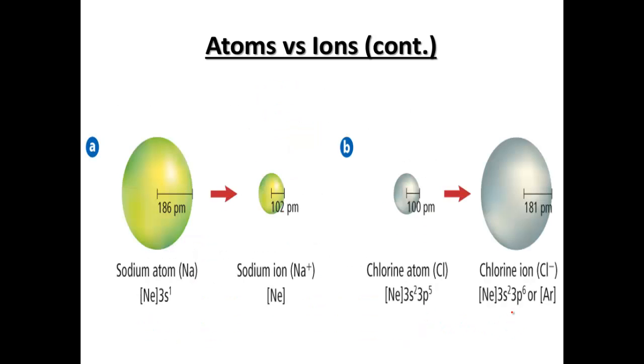If we look at sodium, its electron shortcut is neon 3s1, and it wants to lose this electron, so it's going to get smaller in size. Chlorine, neon 3s2 3p5, wants to gain an electron to get to 3s2 3p6, which looks like argon, and when it gains an electron, it becomes larger in size.